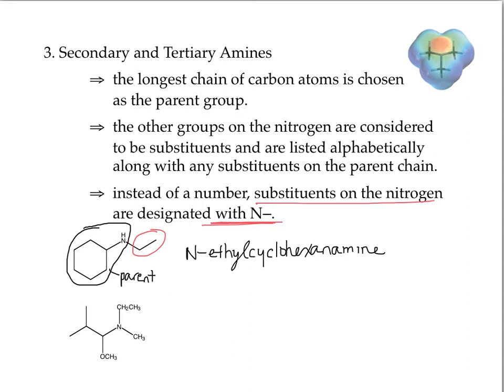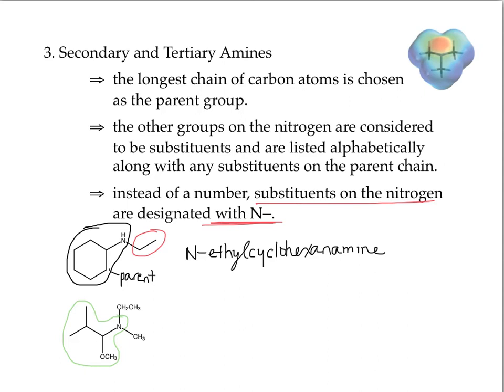Okay, looking at the next compound, it's a tertiary amine. We have to choose a parent. So let's make it the more complicated chain that includes the nitrogen, and that's going to be this thing I'm outlining right here in green. So that's my parent, and we're going to name that as a primary amine.